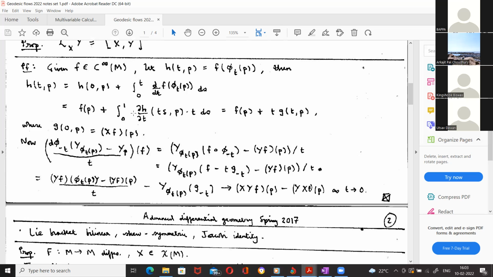Now I can write this as f of p plus a factor t coming out, so it becomes t times some function g of t,p, where g of t,p is this integral from 0 to 1. S is a dummy variable here. This is some smooth function of t and p.